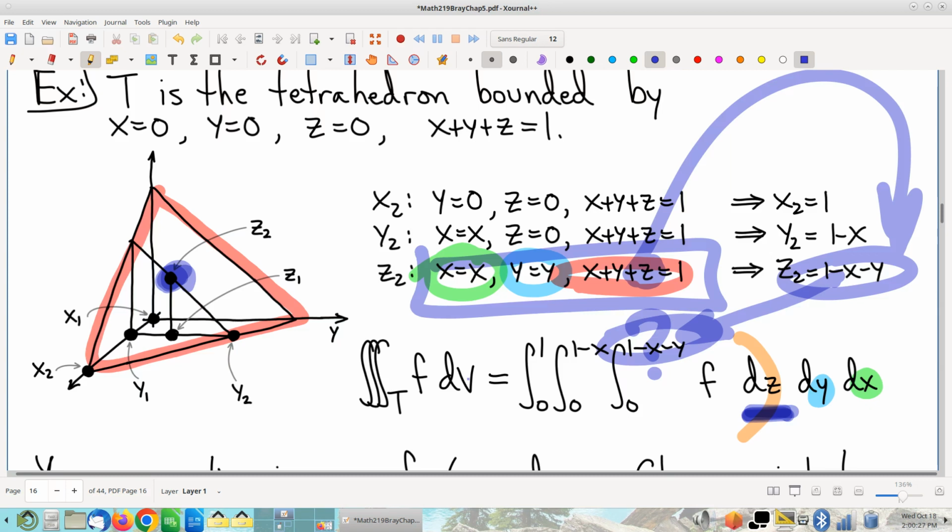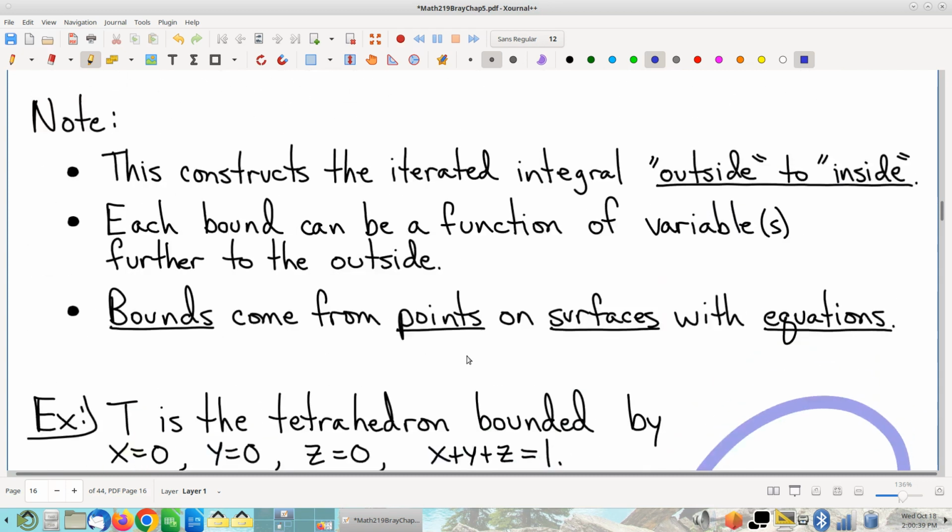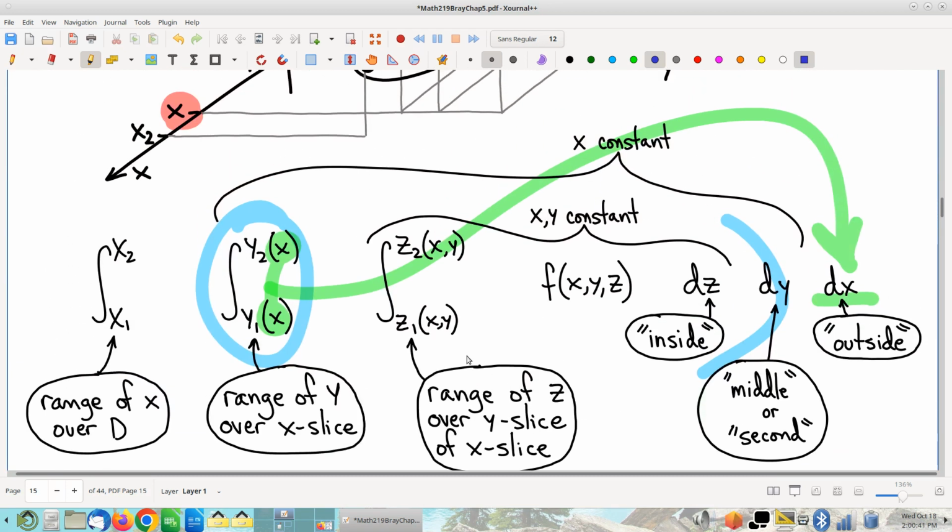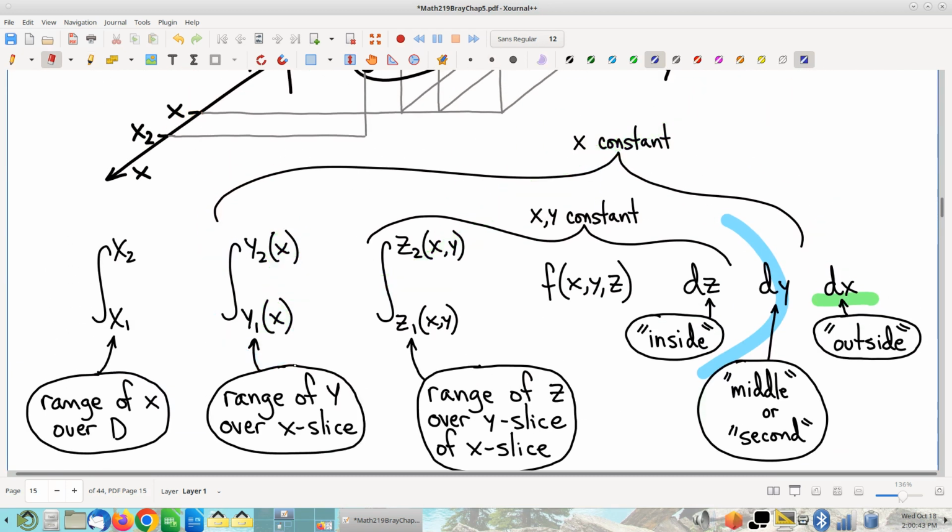For the upper bound of z, why did you choose that middle point and not the top of the triangle? Right. So you got to keep in mind what these bounds mean. Let's look at this setup right here. This does not mean what is the greatest value of z on our domain.